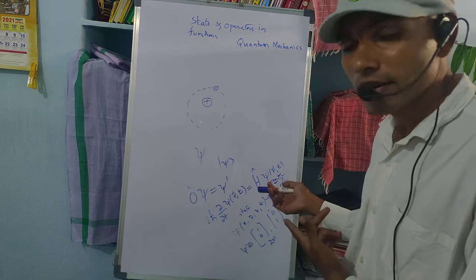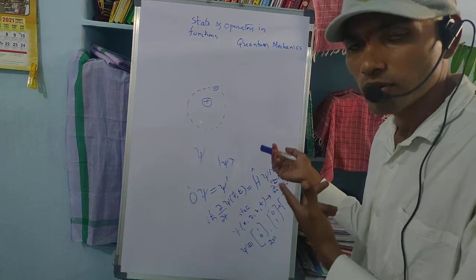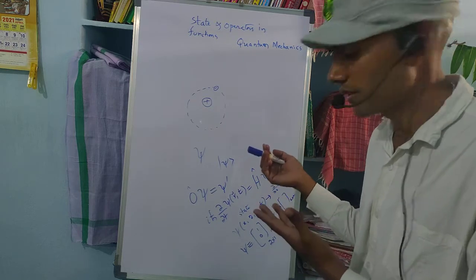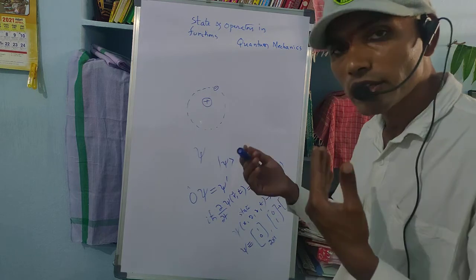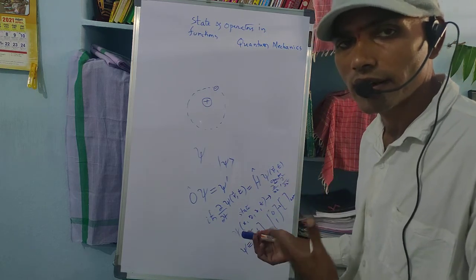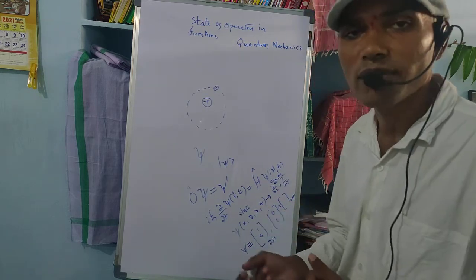And operators at that time could be differential operators like dou by dou x, dou square by dou x square, or the del square operator, which is called the Laplacian operator. And when we specify the state functions as column vectors, then in that situation the operators will be square matrices.